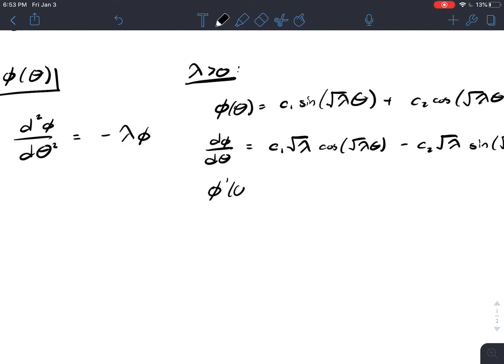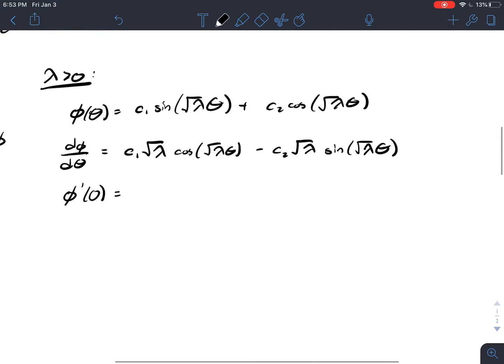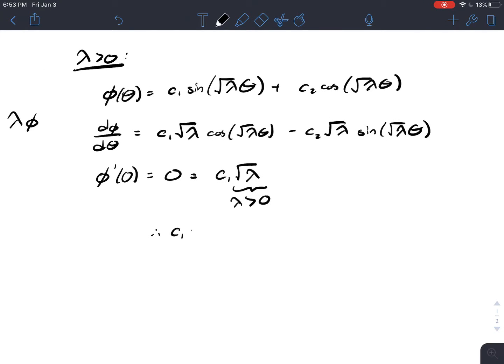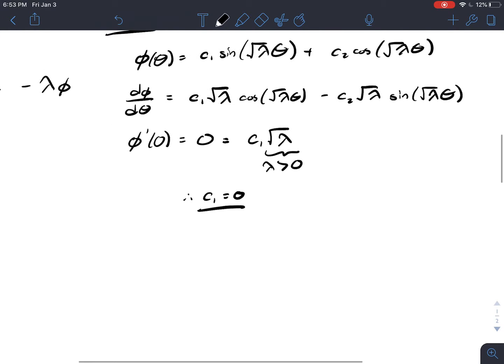So let's evaluate the first boundary condition. At 0, we're told that this equation is equal to 0. Therefore, if we plug in 0 for theta, we find c1 square root lambda. Lambda is a real number that's greater than 0, so therefore c1 must be equal to 0.